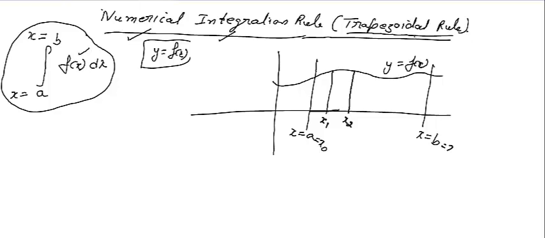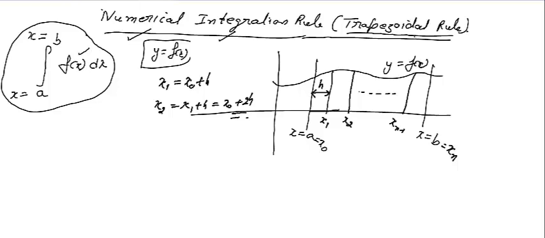Here will be xn minus 1 and so on, correct? And one more thing I will take: the length of each strip will be h. So x1 will be x naught plus h, and x2 will be x1 plus h, or you can say x naught plus 2h.